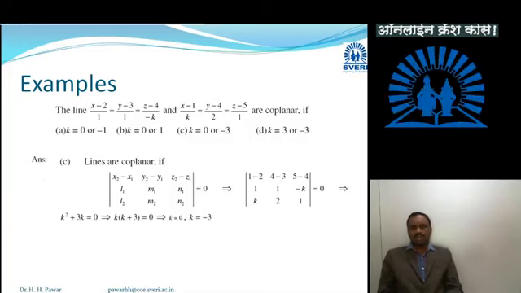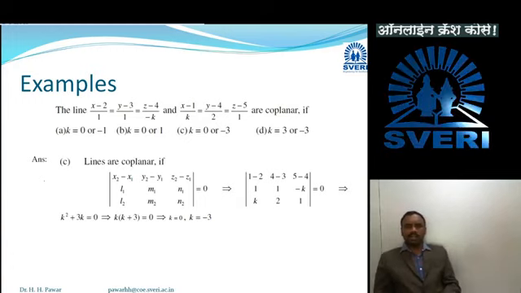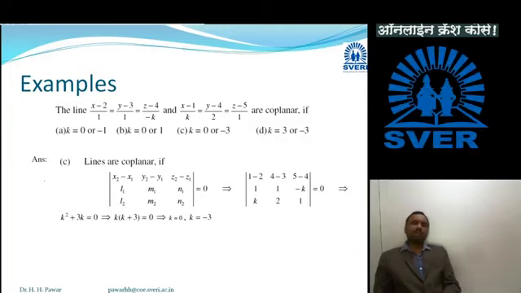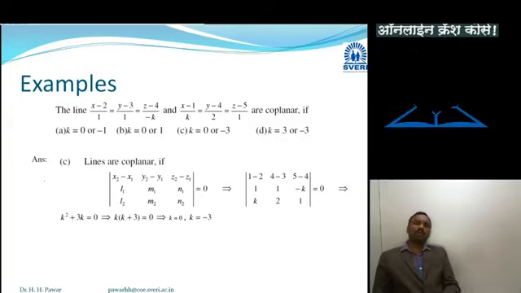So here first find out the points and direction ratios of the lines. For the first line, (2, 3, 4) is the point from which the line passes and direction ratios are 1, 1, minus k. Also from the second equation we'll see that the line passes through the point (1, 4, 5) and direction ratios are k, 2, 1.